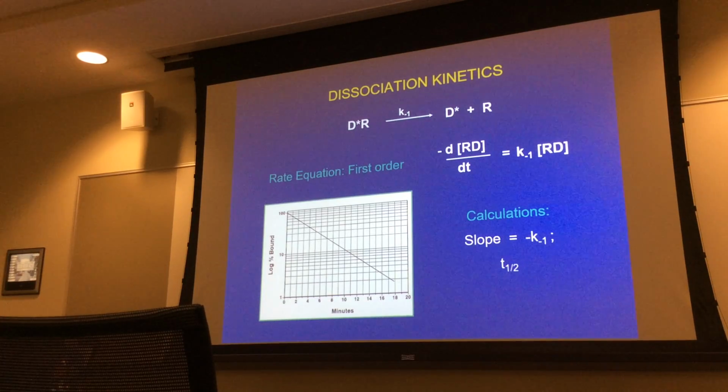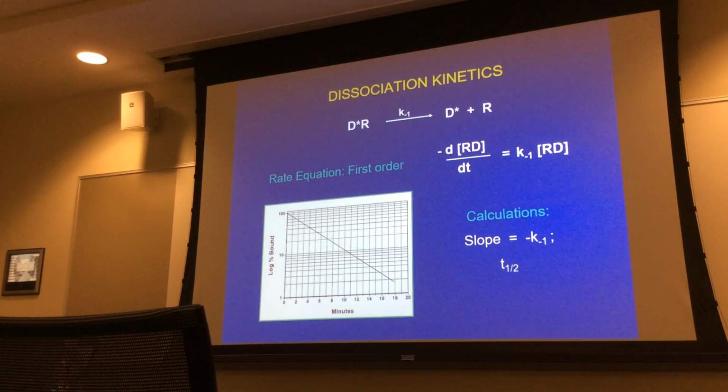So a zero order equation means that it's linear if you plot it on an arithmetic graph. First order means that it's logarithmic if you plot it on a semi-logarithmic plot. Well, I'm sorry. A first order equation means that it's linear if you plot it on a semi-logarithmic plot. So this is the plot of dissociation on a semi-logarithmic basis.